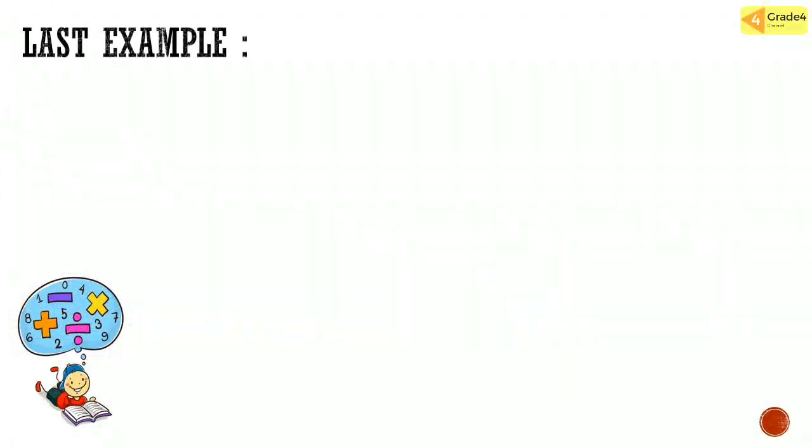For the last example, 1,500 decagrams is equal to how many hectograms? First, write the value, and then you look at the stairs from decagrams to hectograms. It's upstairs, 1 step. So we get the equation 1,500 divided by 10.